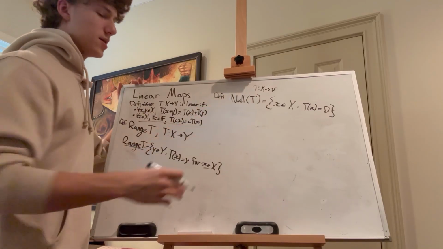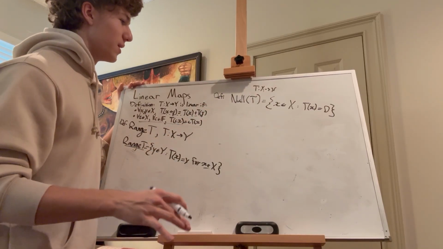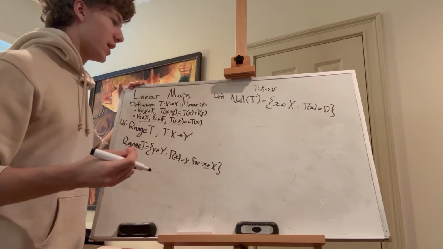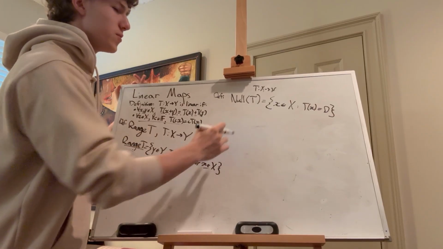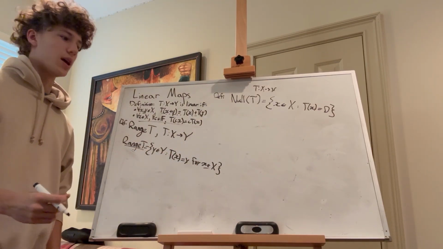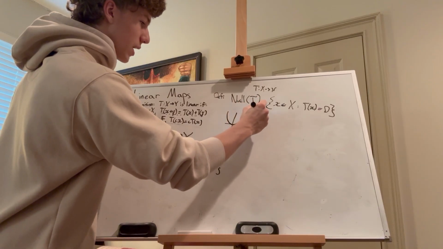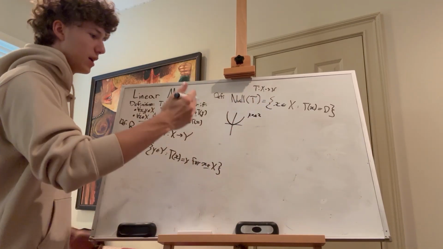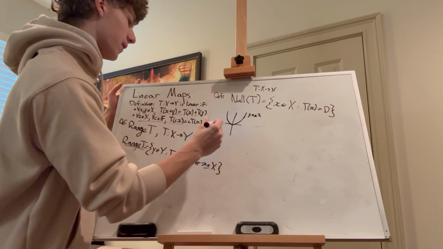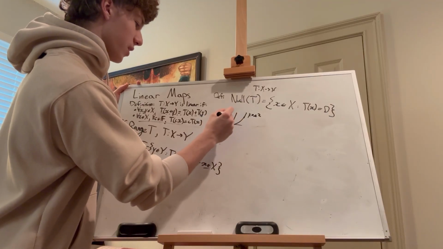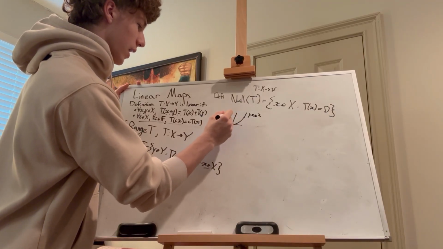However, null space tells us about injectivity. So what is injectivity, you might ask? Well, sometimes you've heard the term one-to-one, okay? If you look at a parabola, for example, just y equals x squared, that's not a linear function, but I'm just trying to make a point here.